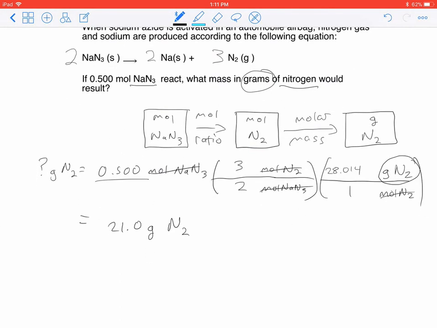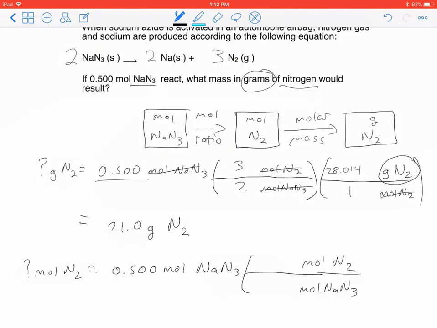Now, I could do this in 2 steps if I really felt that was necessary. If I'm going to do it in 2 steps, I break it up and go moles N2 equals 0.500 moles NaN3, and then I do a mole ratio with moles N2 on top. Then fill in the numbers, 3 to 2, and that's 0.750 moles N2.